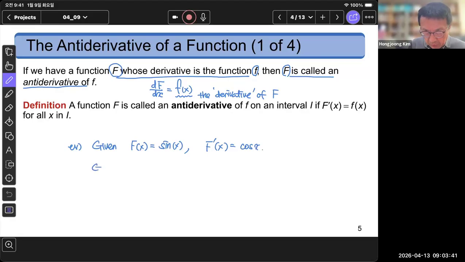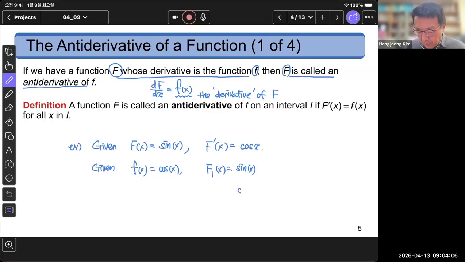But given lowercase f, you may have multiple antiderivatives. Say sine x is definitely one antiderivative. If you differentiate sine x, you get cosine x, right?